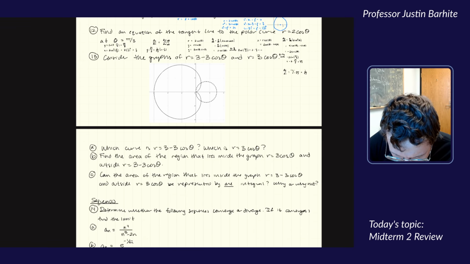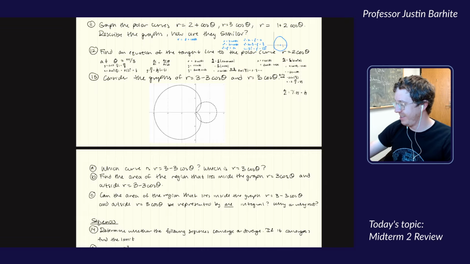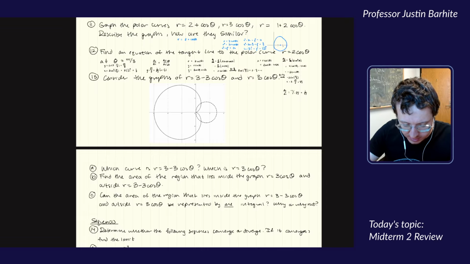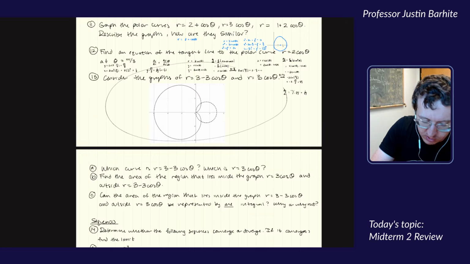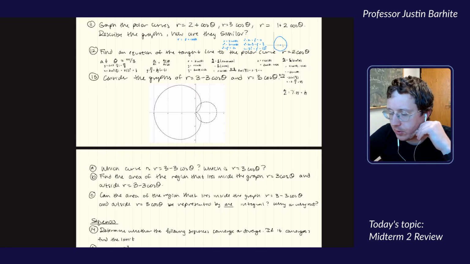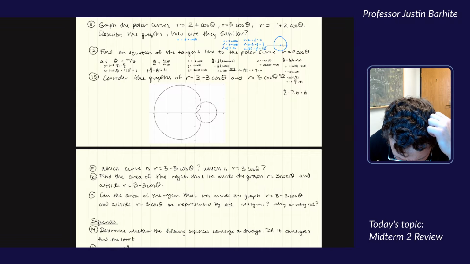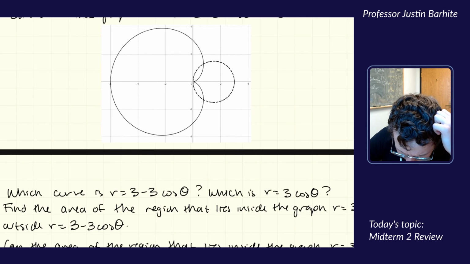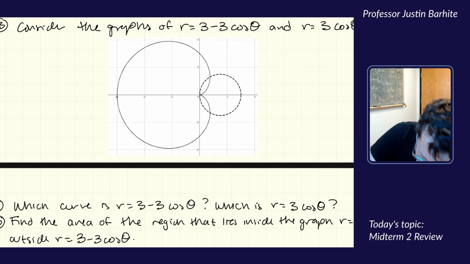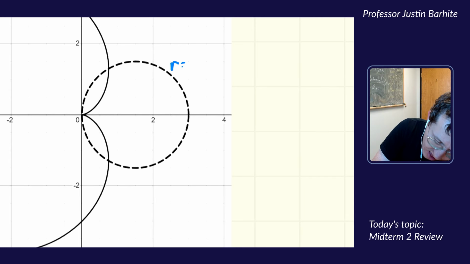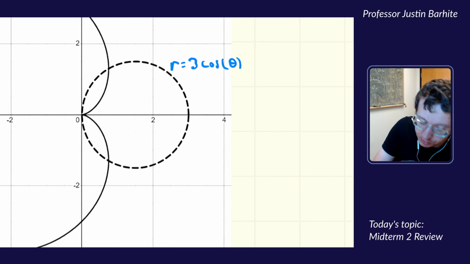Oh, we were given graphs. Okay. I didn't notice that we were given these two graphs here. So this asks us to identify the two curves. So which one is 3 cosine theta? That would be this one. We carefully worked out the equation r equals 2 cosine of theta.